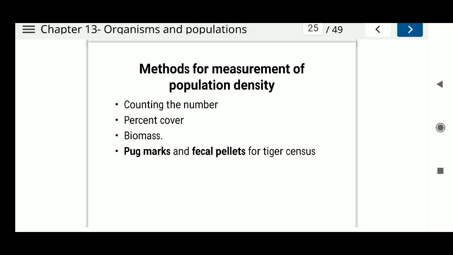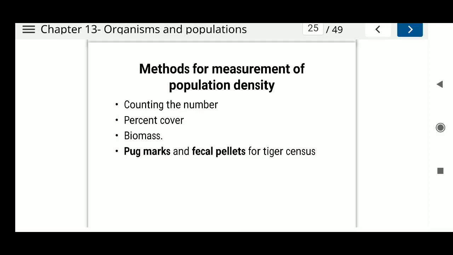No. So for that what we do is take a small area, maybe 1 square meter, and in that we can count the number of that particular species, and by that we can estimate how many plants of that species will be present in that whole 1000 square meter area. So sometimes we have to take the relative density by counting in a small area, and we can get an idea.